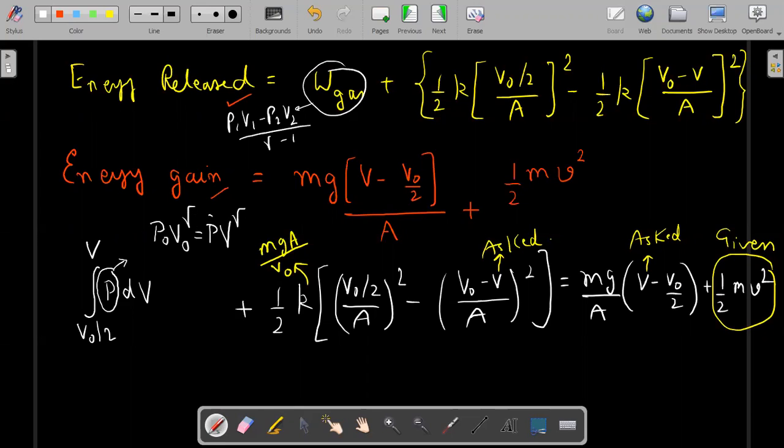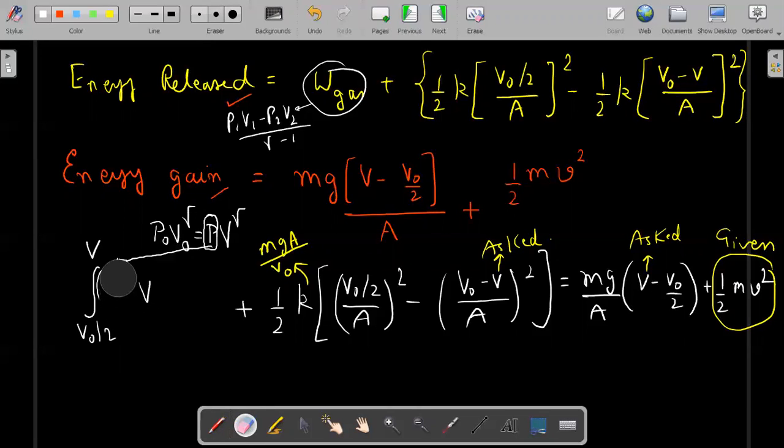So from here you can find the value of P, and you replace this value of P here. What will we have inside the integration?